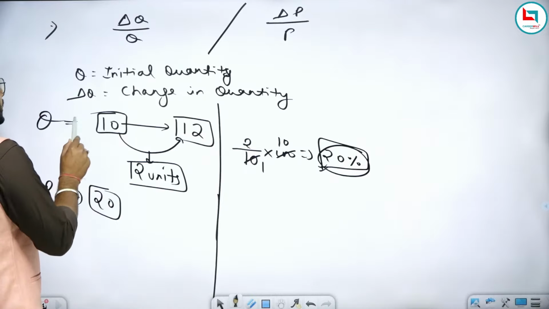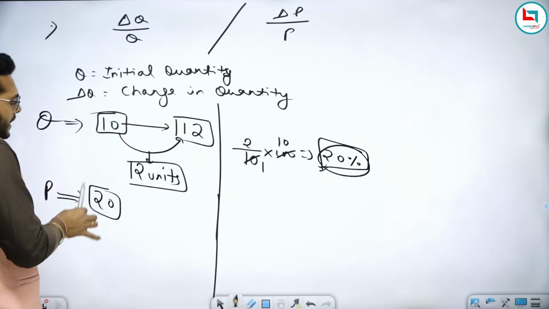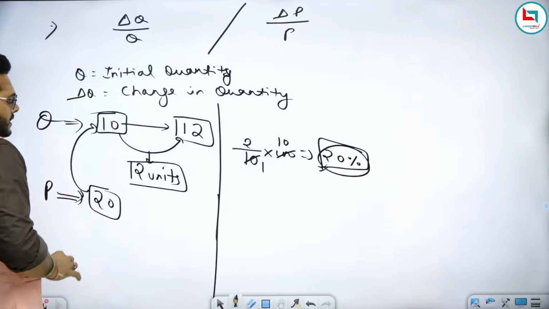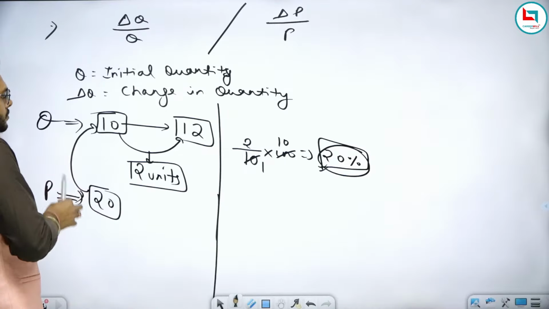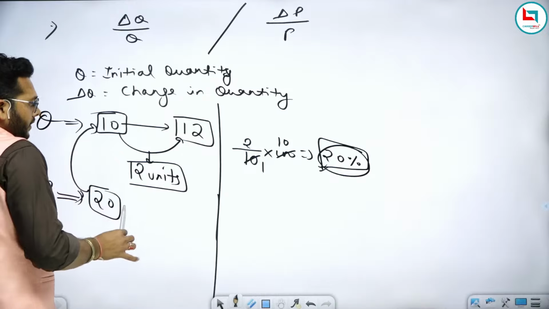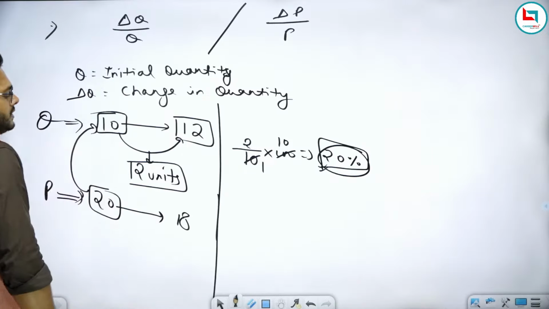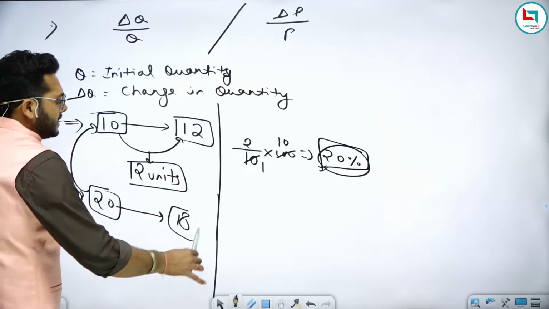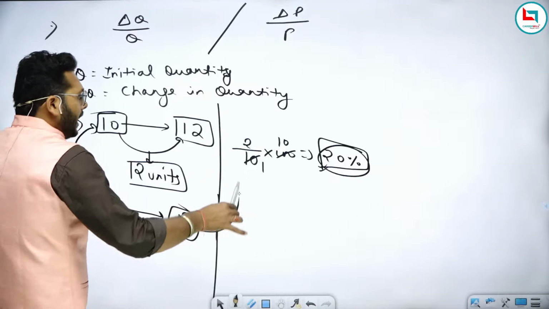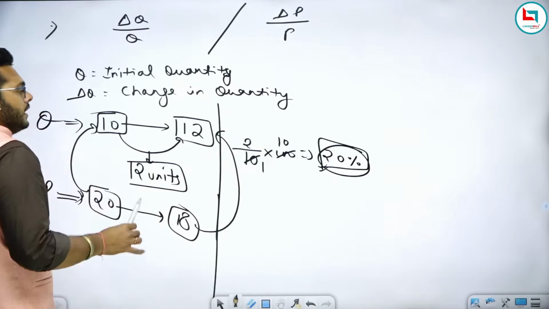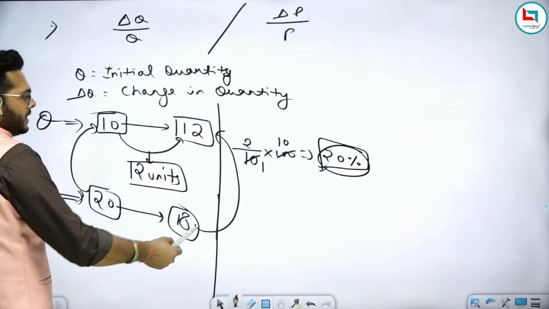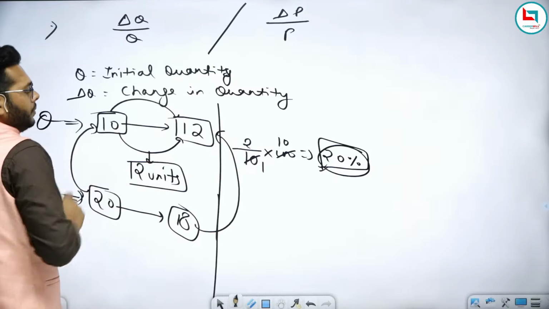Here it is quantity and here it is price. At the price of 20, I was buying 10 units. Now if the price decreases, at the lower price I am ready to buy more units, because when the price decreases, the quantity will increase.